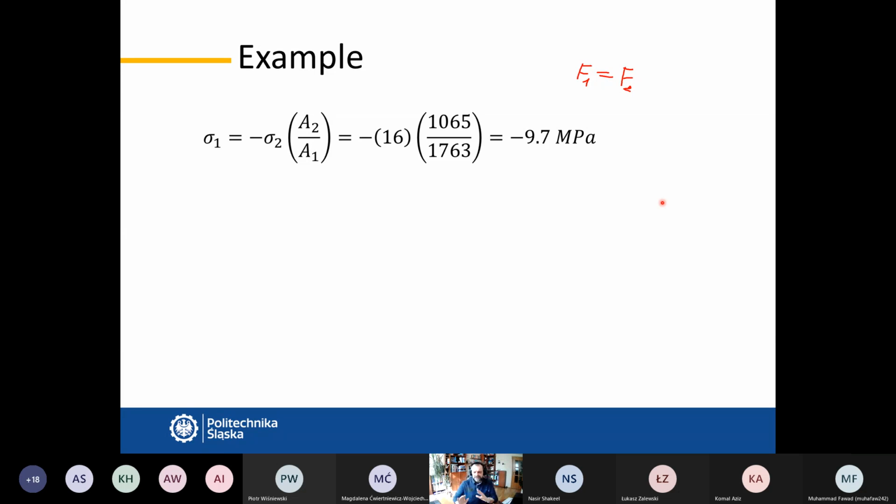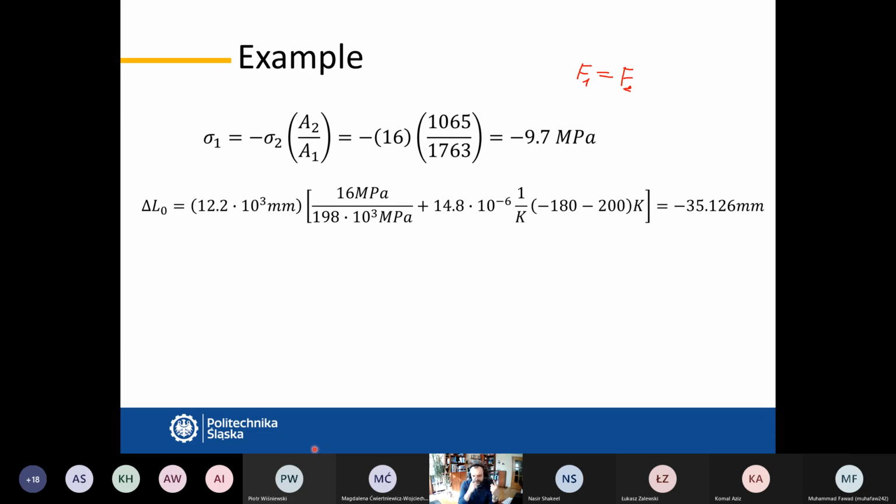This is the magnitude of stress that we get. I assume this is the maximum stress which is allowed in one member, in the more stressed pipe. So in the second one, we'll get 9.7 millimeters.